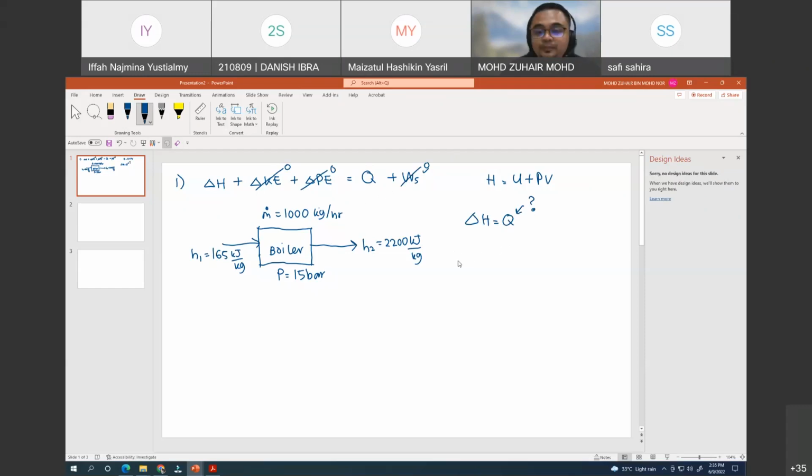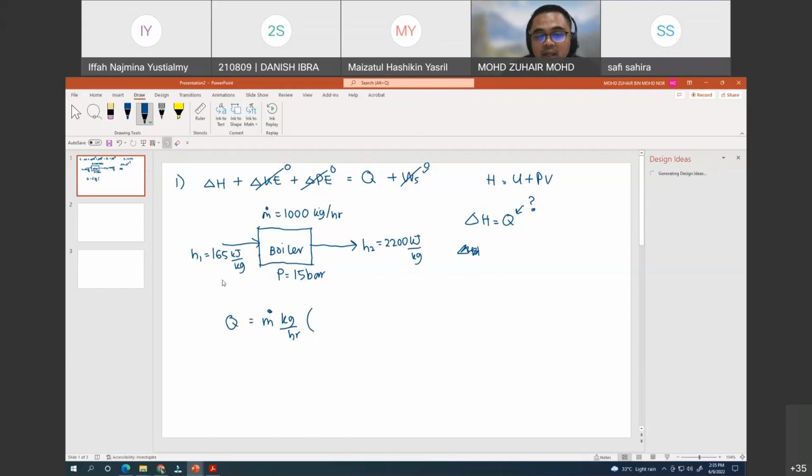Okay. So, delta H, sorry. So, write it down here. Q equals, because we are talking about the big H, and this is specific enthalpy, we need to times the mass flow rate, which is in kilogram per hour.